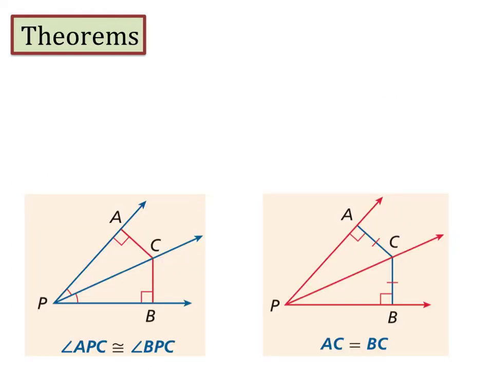Let's discuss the angle bisector theorem and its converse. So we're going to be looking at the relationship between an angle bisector and the distance between the sides from the point.